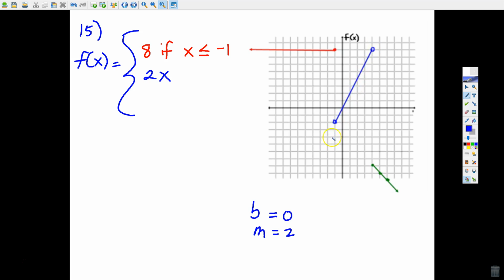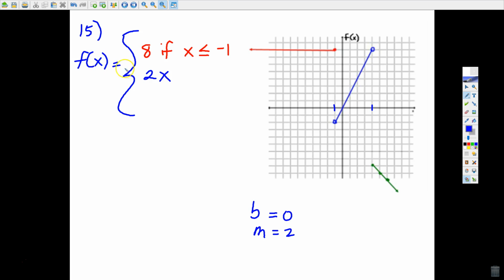But I'm not looking at the entire line. It's just a piece of the line that goes from x is negative 1 all the way over to x is 4. So I'm going to restrict this. It's called a domain restriction for only these x's.